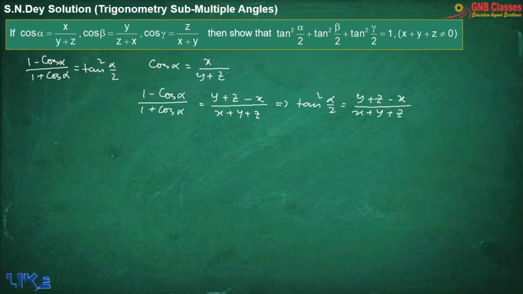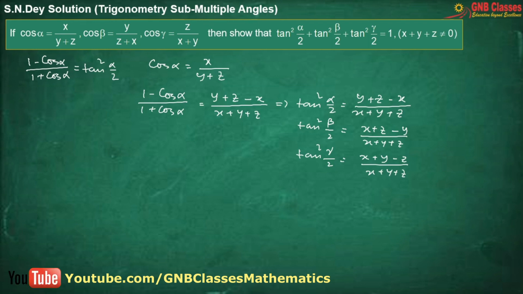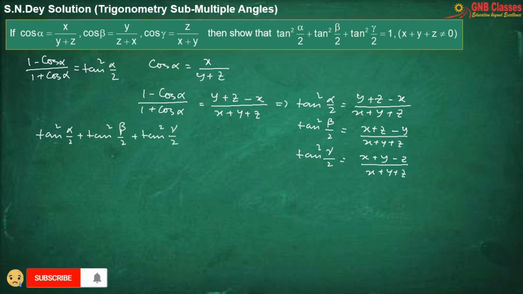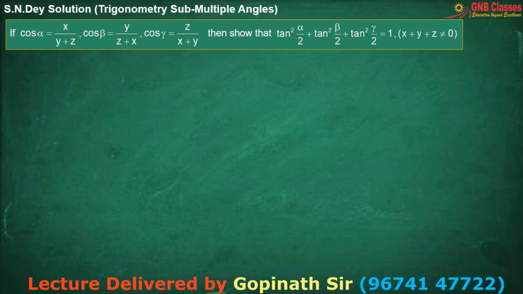Now similarly we can find out the other two, and adding the corresponding sides, on the right hand side after simplification we get 1, since x plus y plus z is not equal to 0, as given. Is it clear? Hence proved. Have you understood it? Okay, let us move to the next problem.